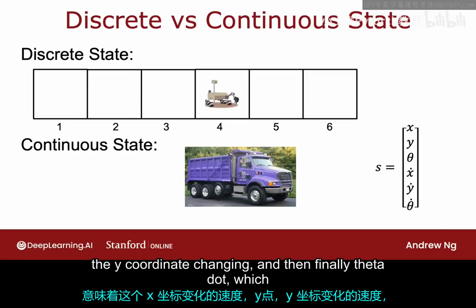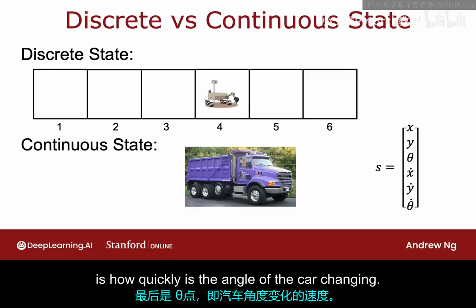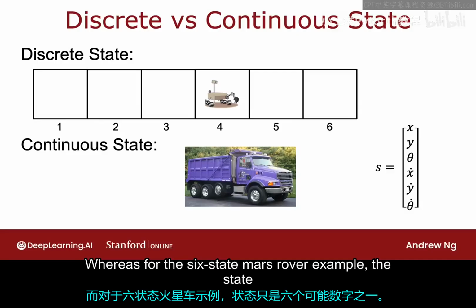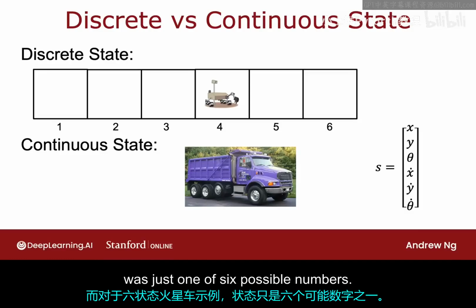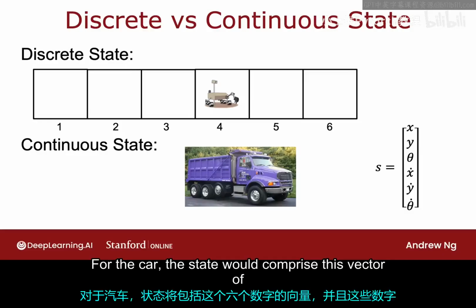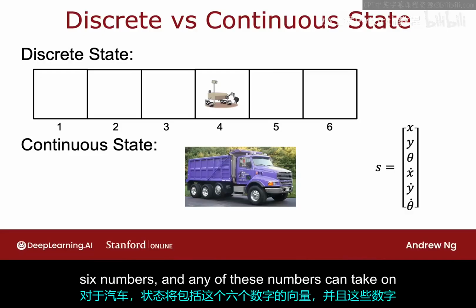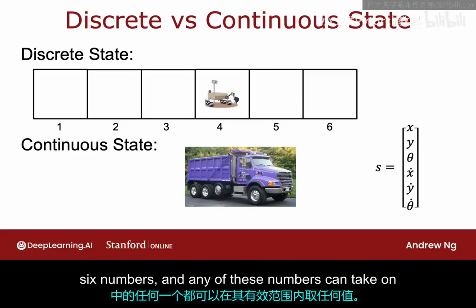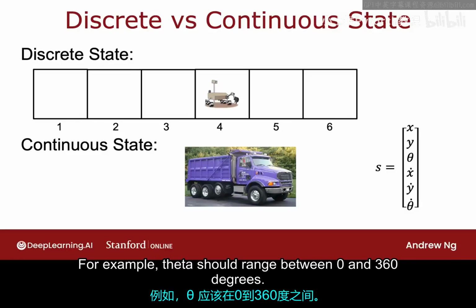And then finally theta dot, which is how quickly is the angle of the car changing. Whereas for the 6-state Mars rover example, the state was just one of 6 possible numbers. It could be 1, 2, 3, 4, 5, or 6. For the car, the state would comprise this vector of 6 numbers, and any of these numbers can take on any value within its valid range. For example, theta should range between 0 and 360 degrees.